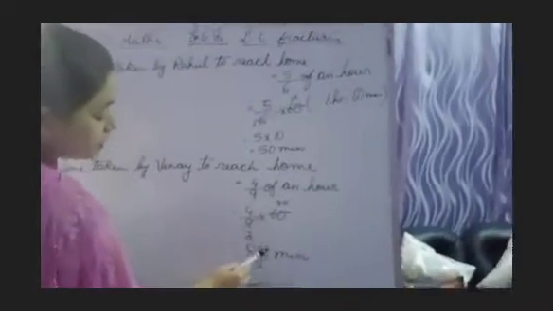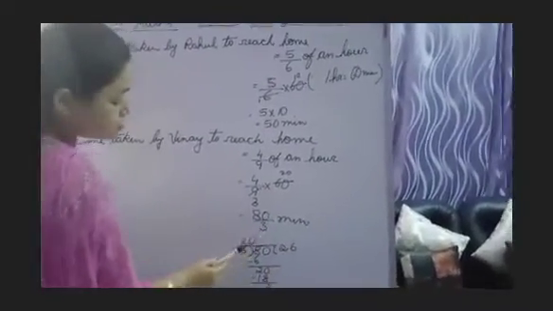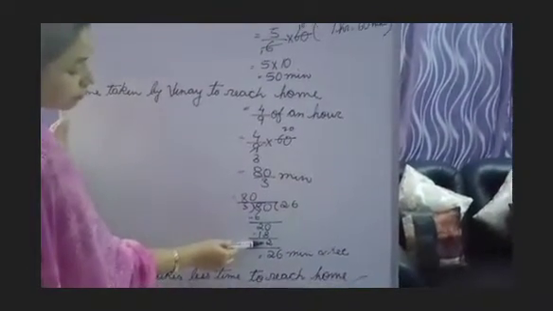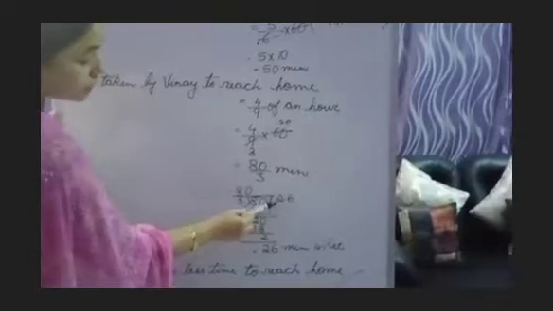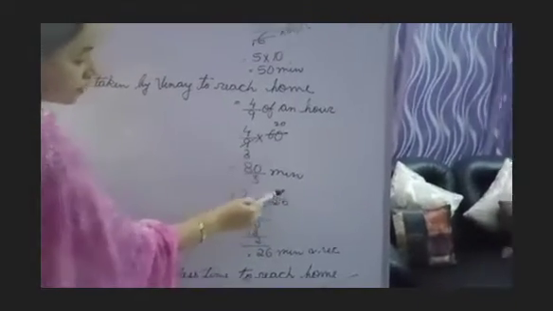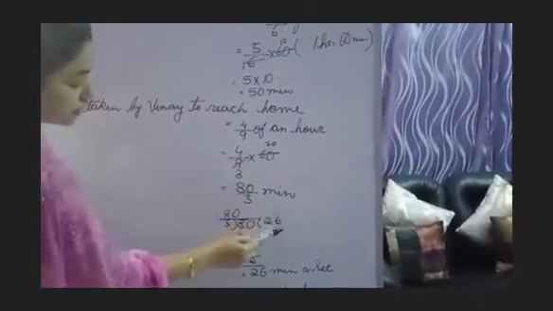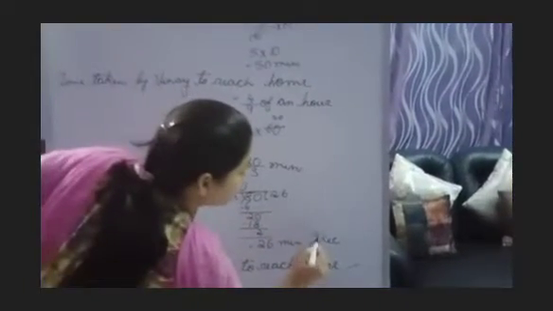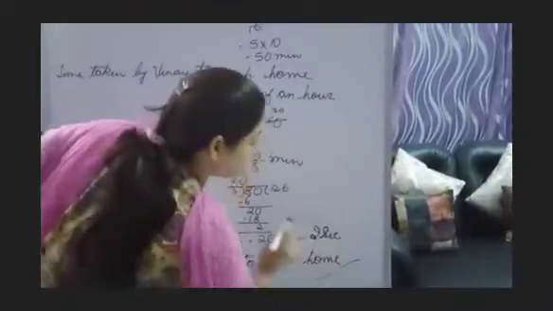Now the numerator is big and the denominator is small, so we can do the division. When we divide, I get 26 and remainder 2. What you get as the answer will be the minutes and the remainder will be the seconds. So here you get 2 seconds as the remainder.